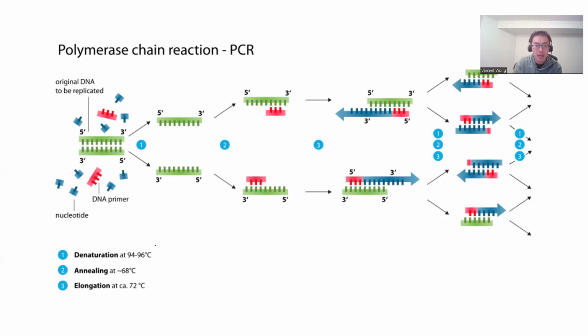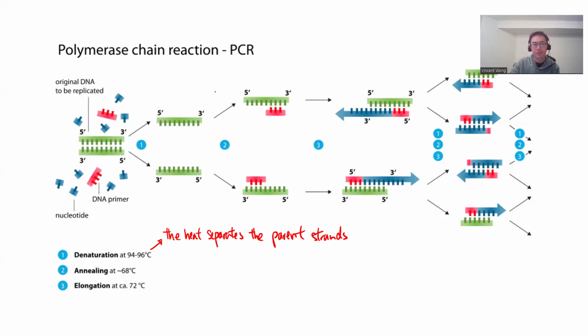This heating process, the denaturation, the heat separates the parent strands. That's the first step. So you can see over here, step 1, you heat it up.